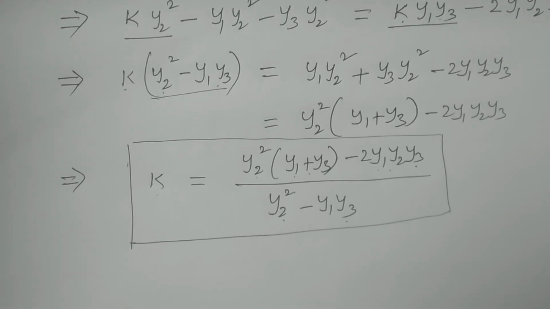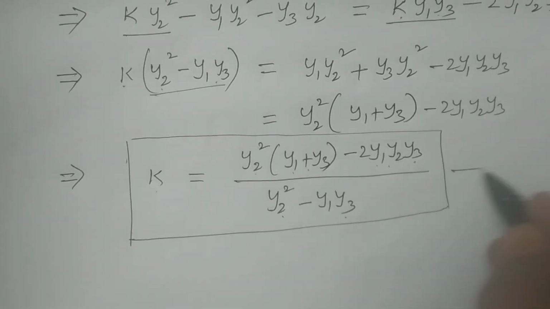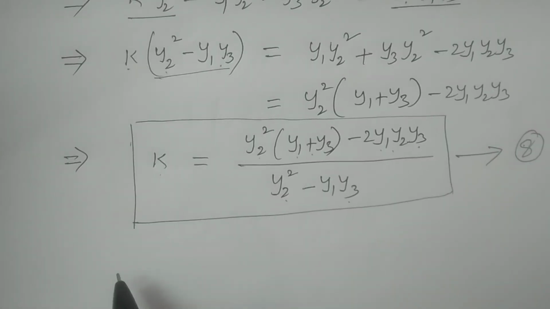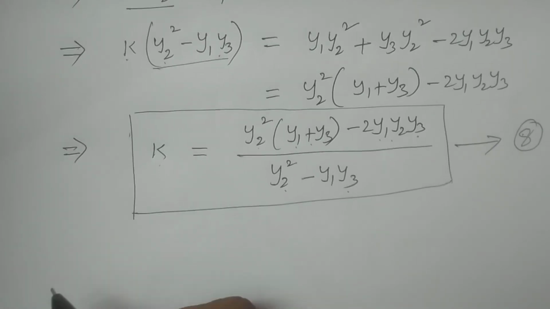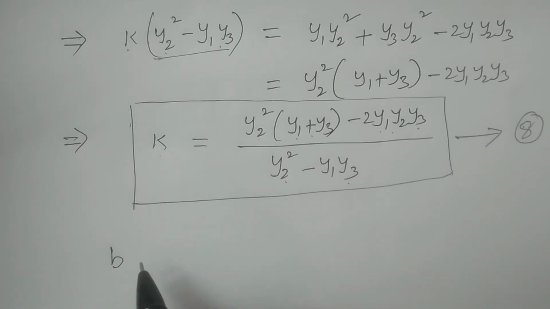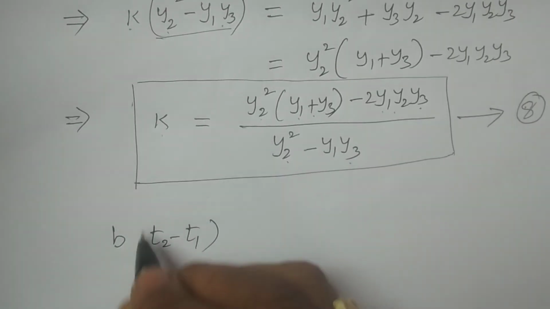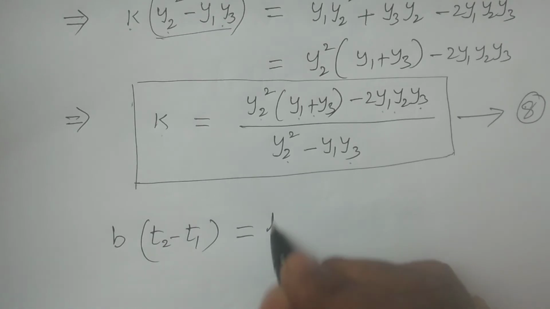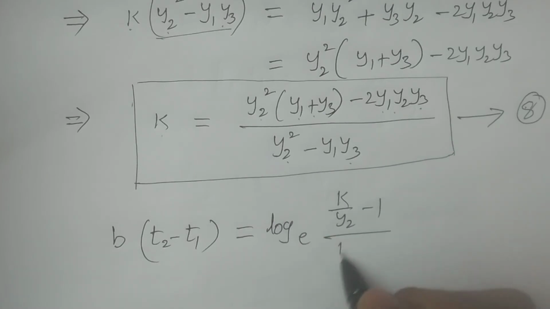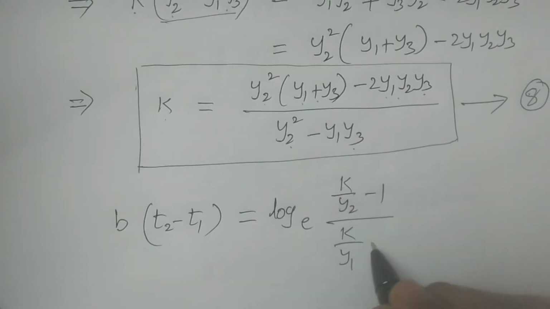This is the equation for k, for example equation 8. I do not remember the order of the equation, but now I consider one such equation, equation 6. b multiplied by (t2 minus t1), which we calculated previously, is equal to log to the base e of (k by y2 minus 1) divided by (k by y1 minus 1).